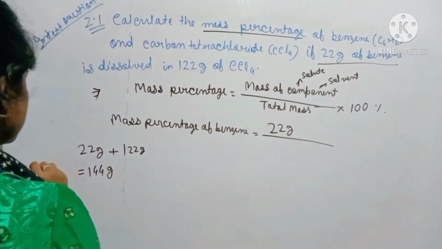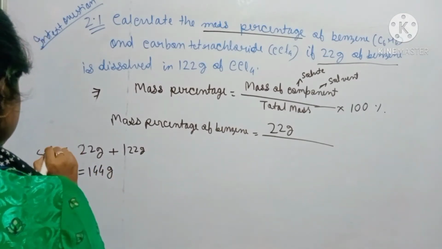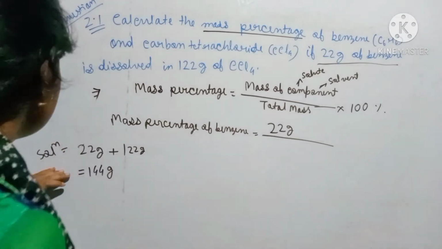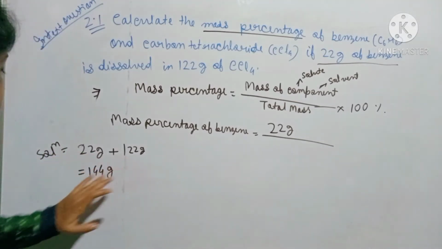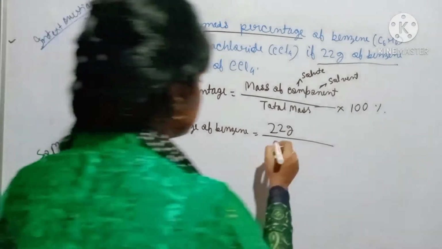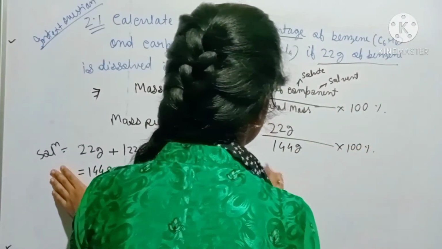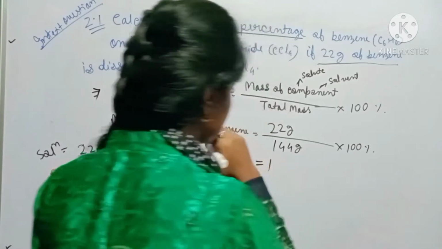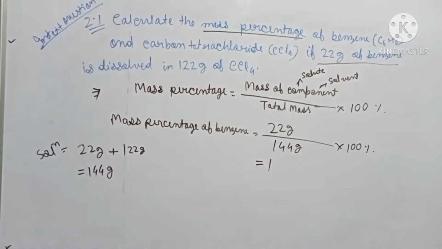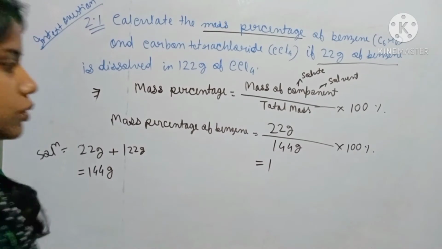This is the total mass of solution. Remember that solution consists of solute and solvent. So 22 divided by 144 into 100%, it will be around 15.28%.